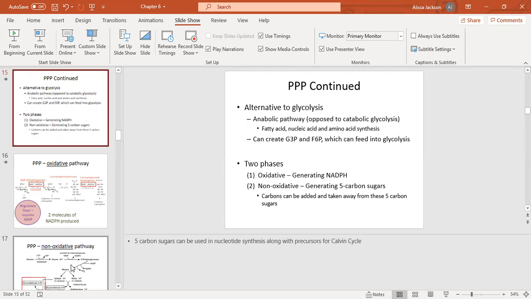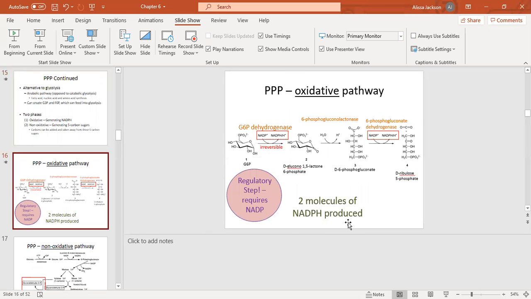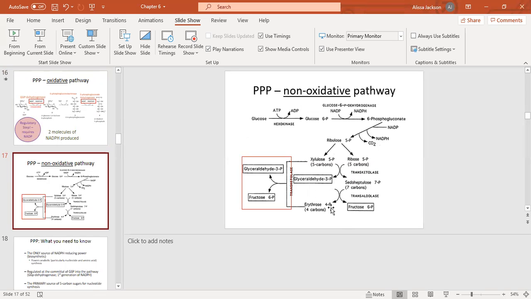But yeah, your oxidative phase of PPP generates NADPH, and your non-oxidative generates your 5-carbon sugars. Okay. So knowing all of the products from each of these pathways would be good. And the non-oxidative, you also get some G3P and some fructose 6-phosphate that can feed back into glycolysis.